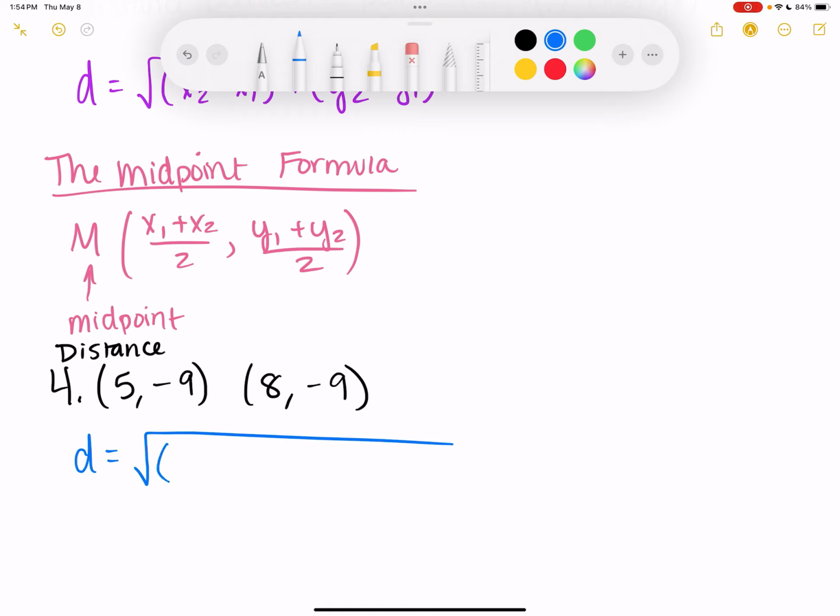And again, it doesn't matter which one's 1 and which one's 2. A lot of times I just read them off in order, but we've got x2, which would be 8, minus x1 is 5. Close that parentheses and square it, plus, in the other one, -9. And now it's minus a negative, so that becomes positive. So plus 9 squared.